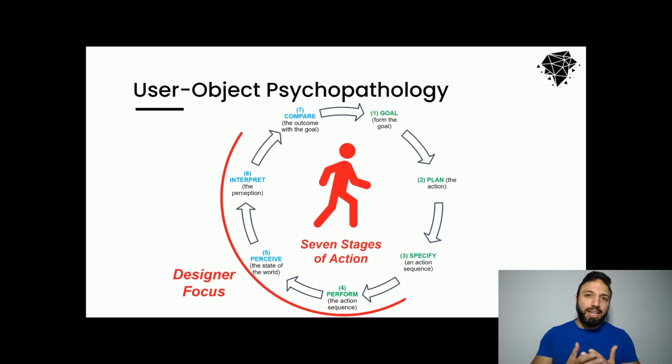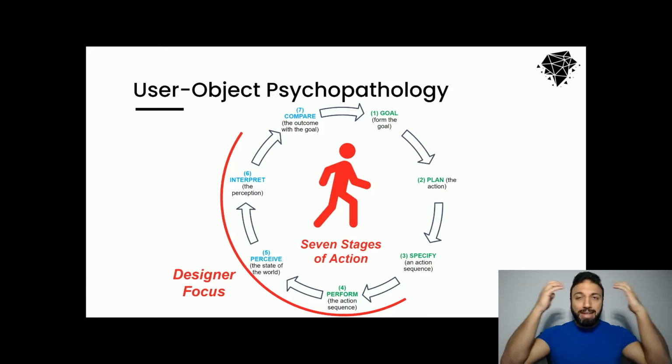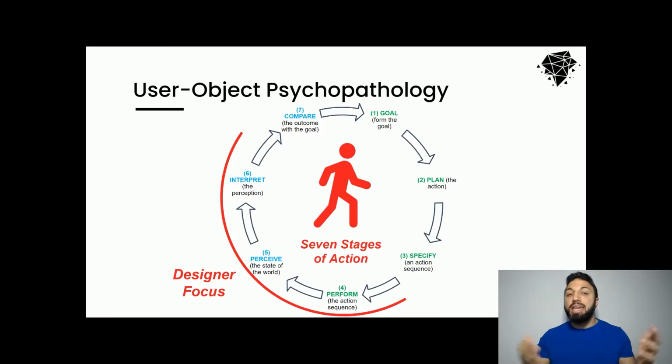If you're designing an object for a human or a user to interact with, you are basically helping them or assisting them to achieve steps 4, 5, and 6. Steps 7, 1, 2, and 3, they're basically happening in their brains, in their minds. You cannot do anything about them. You cannot actually invade that space and help the user with it.